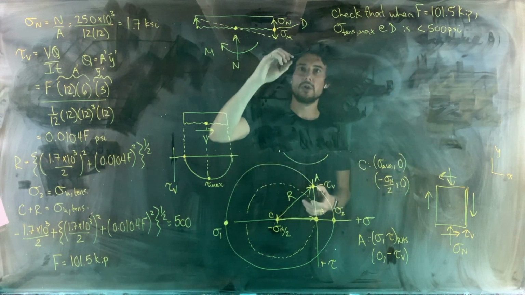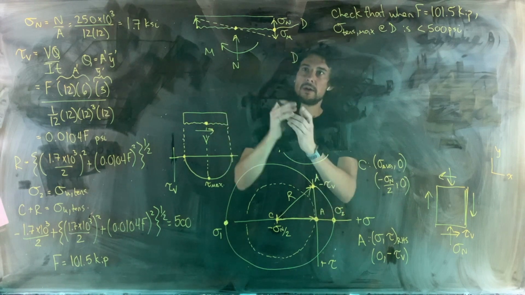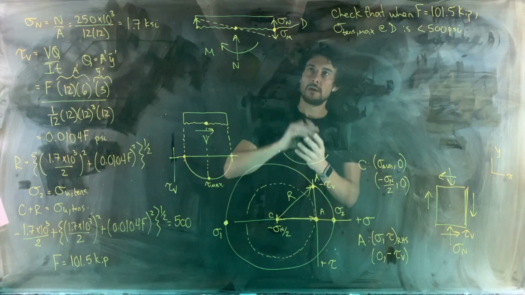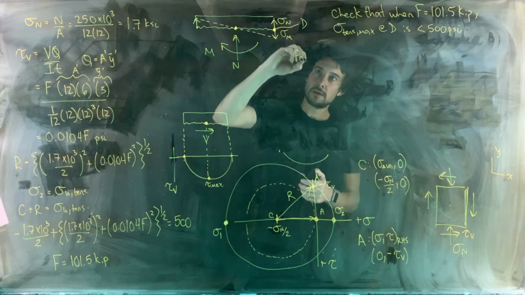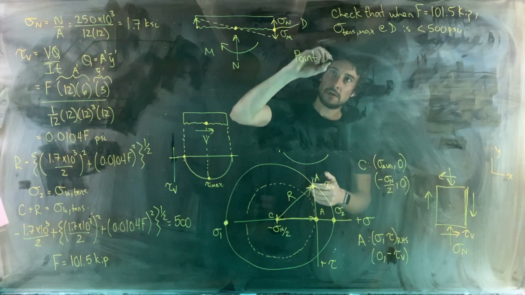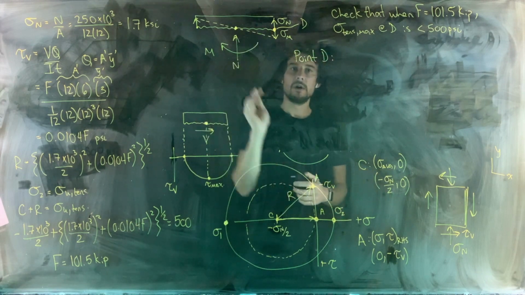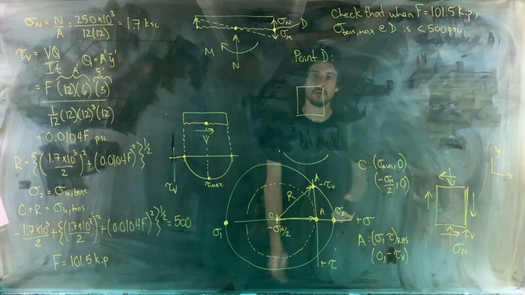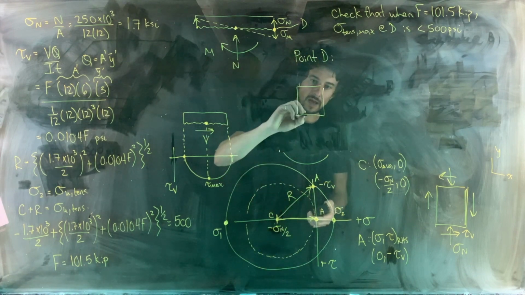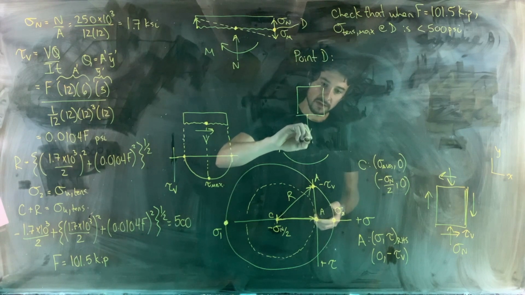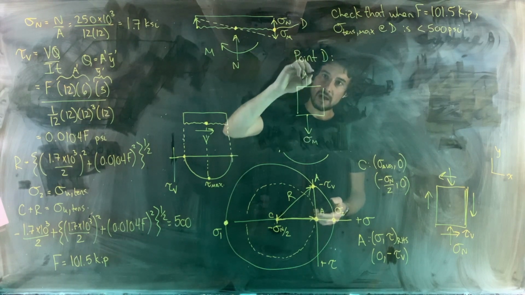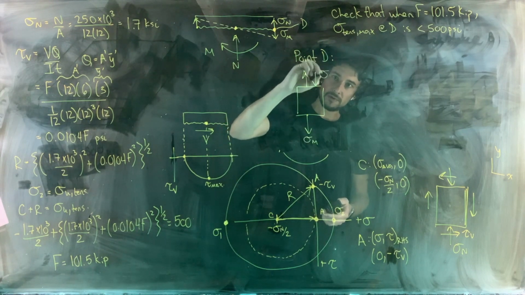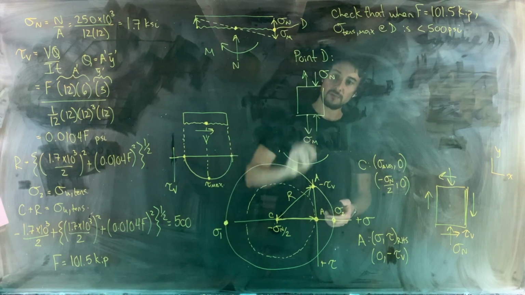Okay, so at point D, our in-plane element is going to look like this, where we have a normal stress due to the moment and a compressive normal stress due to the normal force.